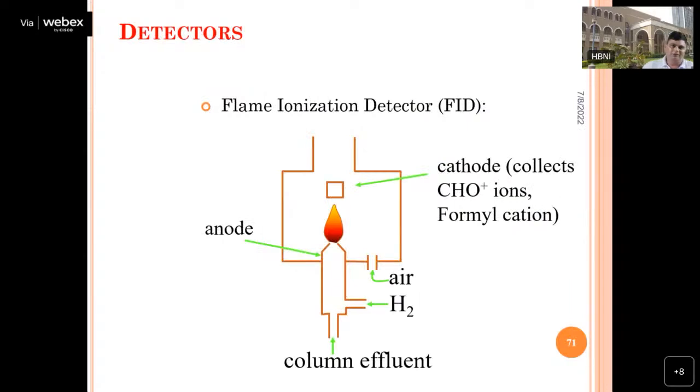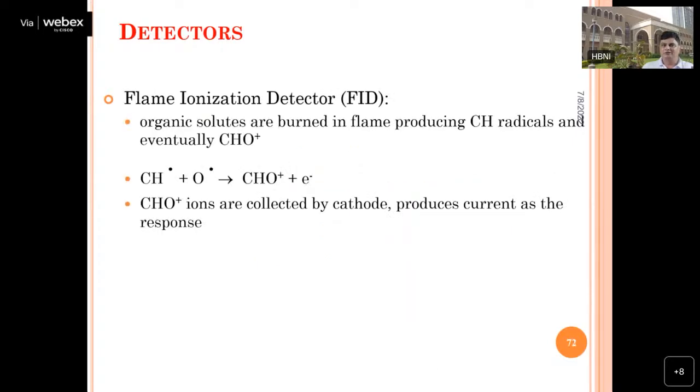This is the flame ionization detector, called FID. In the flame ionization detector, the organic solutes are burnt in a flame, producing CH radicals, and eventually these CH radicals lead to formal ions, which are collected at the cathode and produce current as the response.